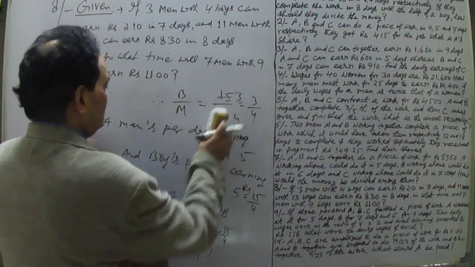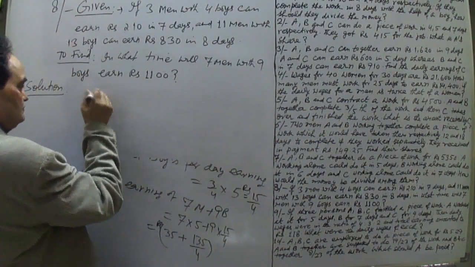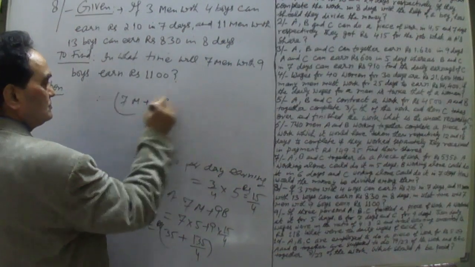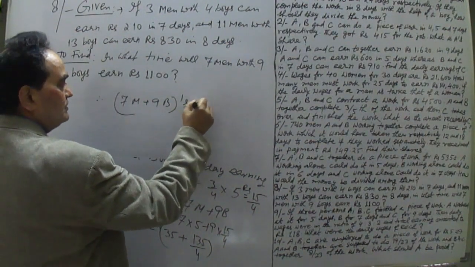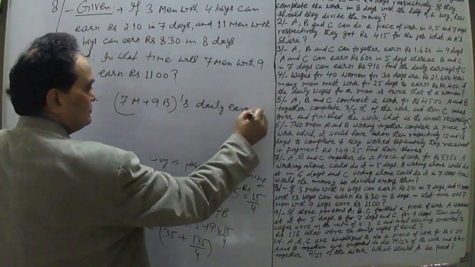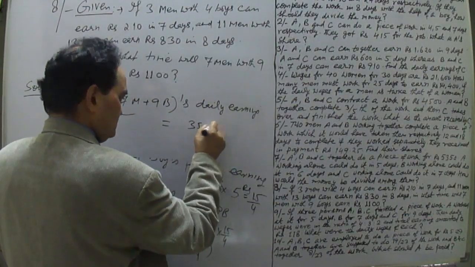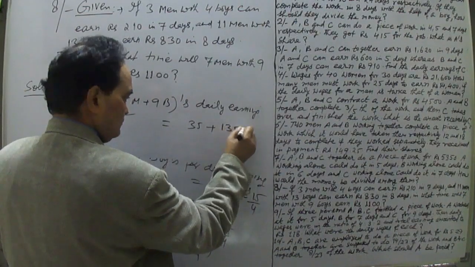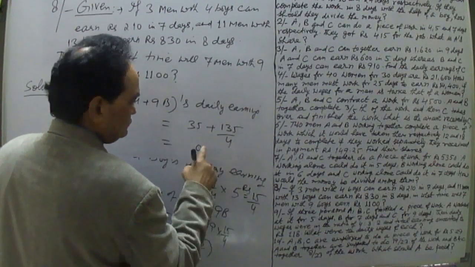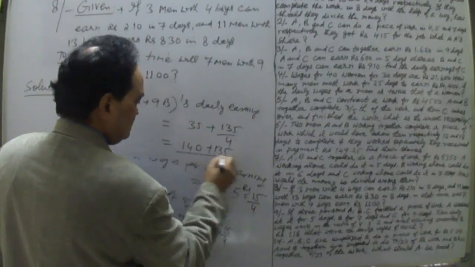Let me now solve it here. No problem. Therefore 7 men plus 9 boys daily earning, which we are calculating, is equal to 35 plus 135 upon 4. 4 5s are 20, 0, 2 carry 4, so 12 and 1 is 14, plus 135 divided by 4.